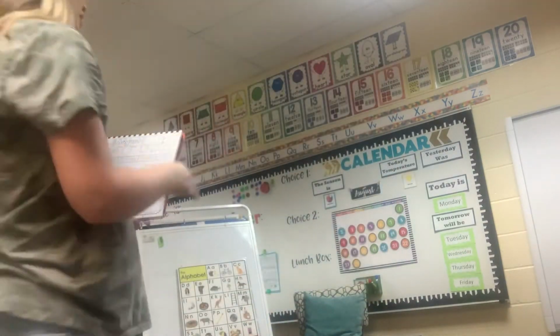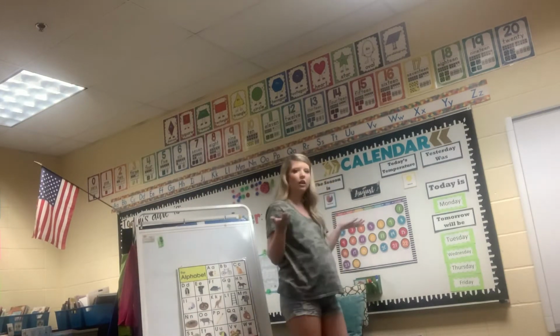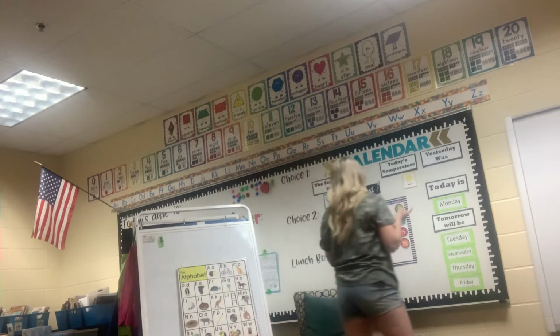Then we're going to come over here and we're going to count to see what number in August we're in. So let's count together. I'm going to stand right here.